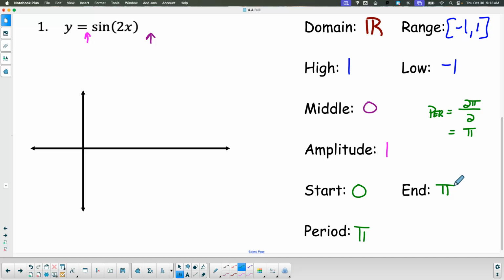Okay? All right? Sine starts middle, up, down, ends back in the middle. Went a little too far in the down, but that's okay. I'm over it.